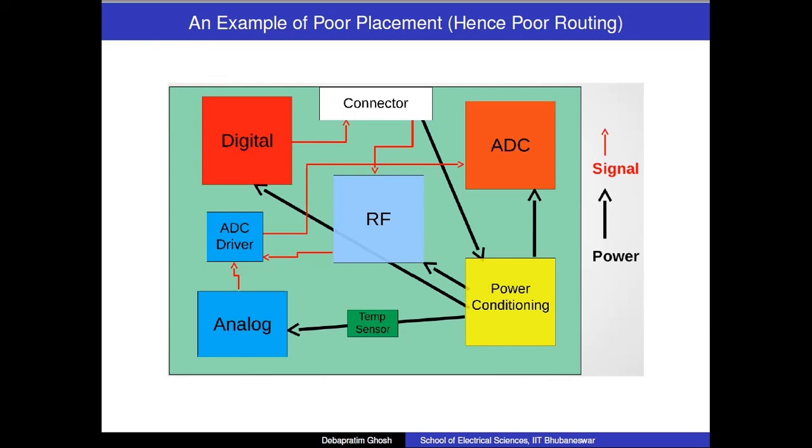In a number of places the red and black lines are intersecting. In that case, these lines can pick up noise from the other lines. So it's a very bad approach, and if you have noise on the power lines, then definitely your circuits or those blocks are not going to work optimally.